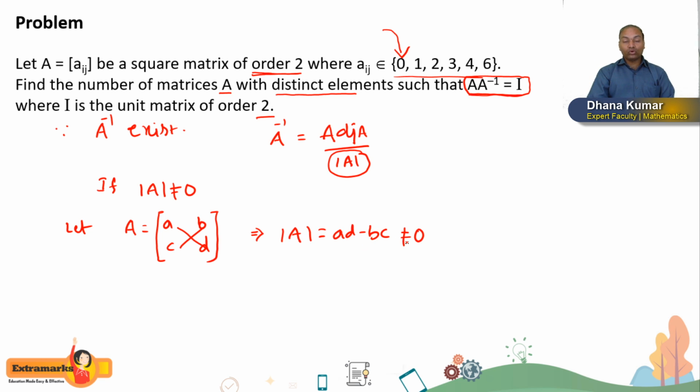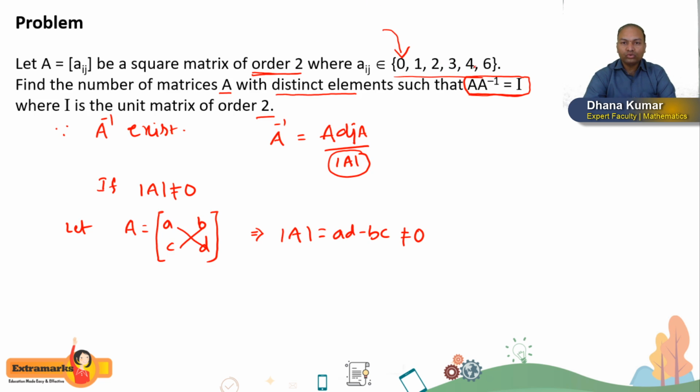Det not equal to 0: here we want total possibilities minus the number of possibilities for which det A is equal to 0. It gives det A not equal to 0. Is it correct or not? Right. So I am taking det A is equal to 0. See the next slide.